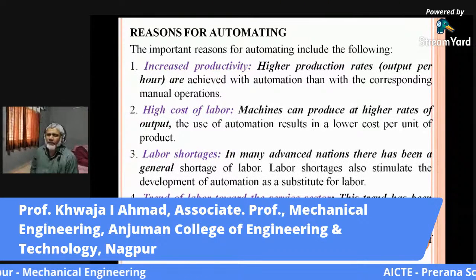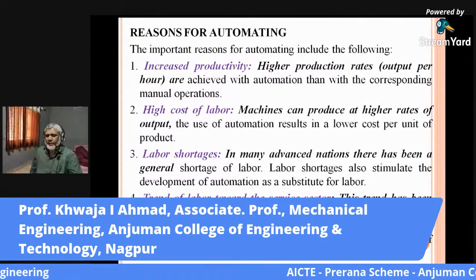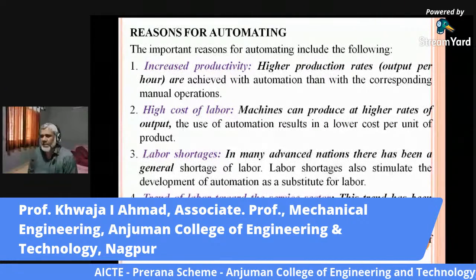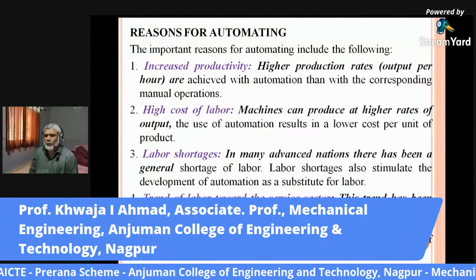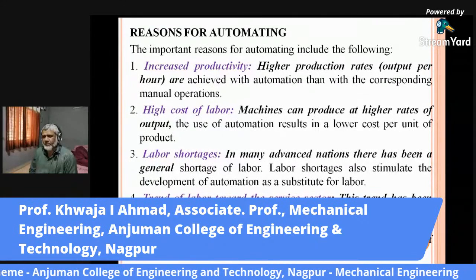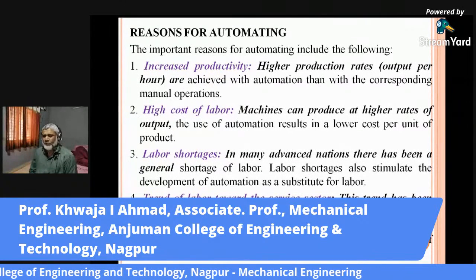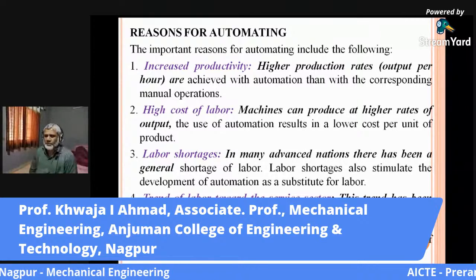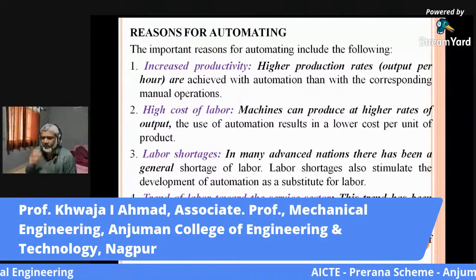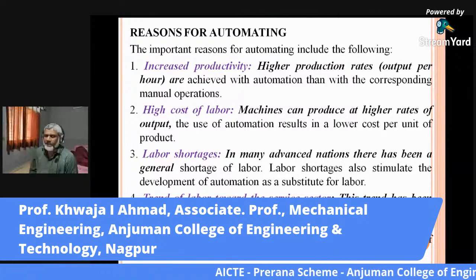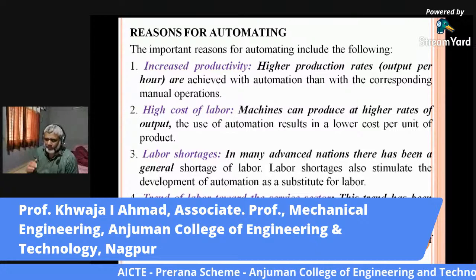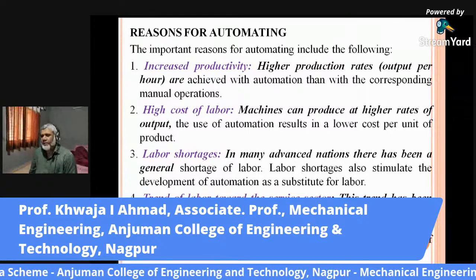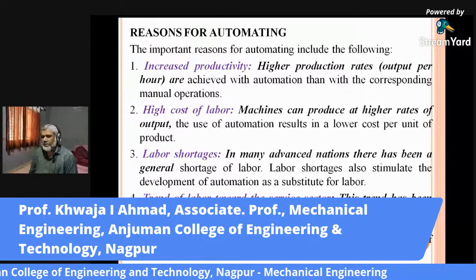Now, what are the various reasons for automating? Number one is increased productivity, that is higher production rates, that is, output per hour increases with the implementation of automation with respect to manual operations. So ultimately productivity increases, that is, if input remains the same, output increases, and that happens because of one of the reasons also.